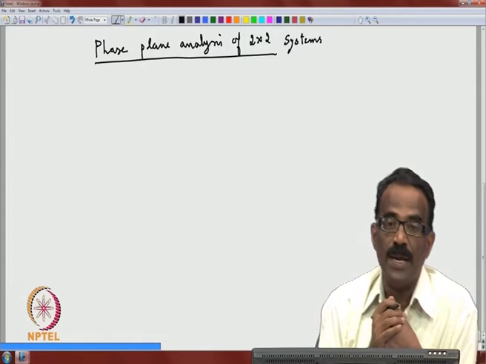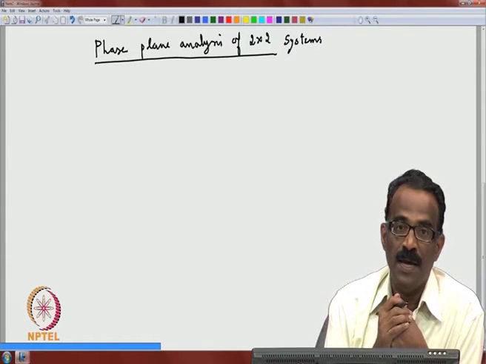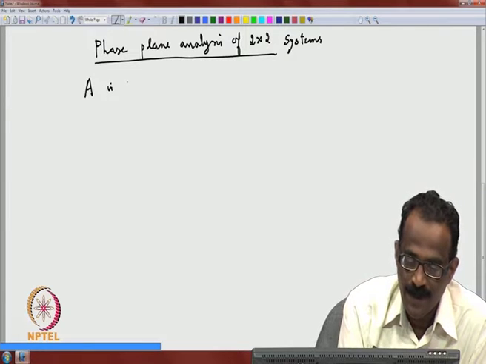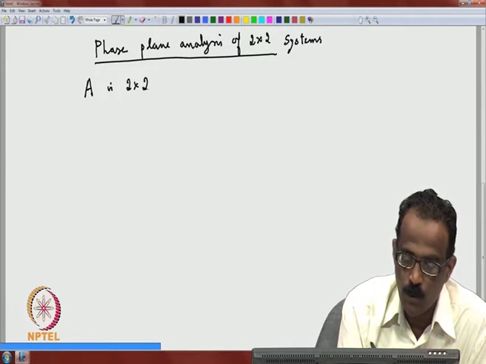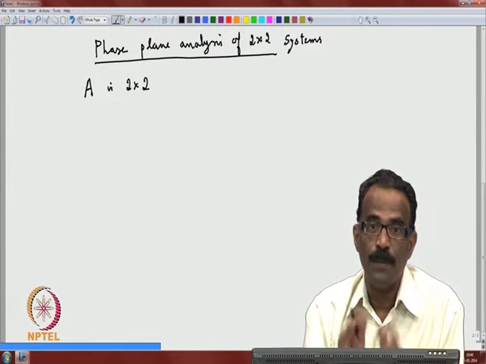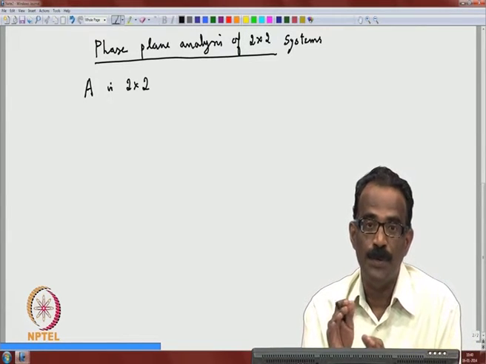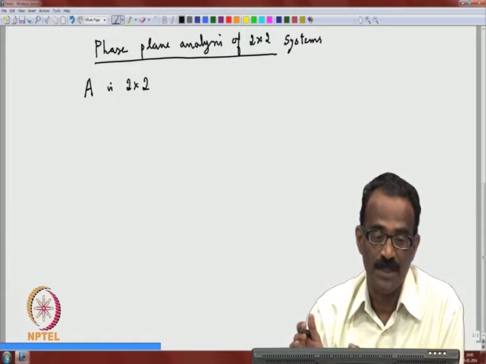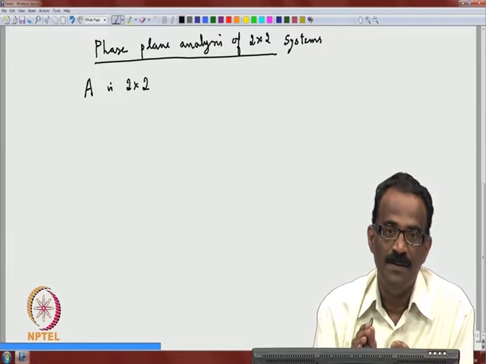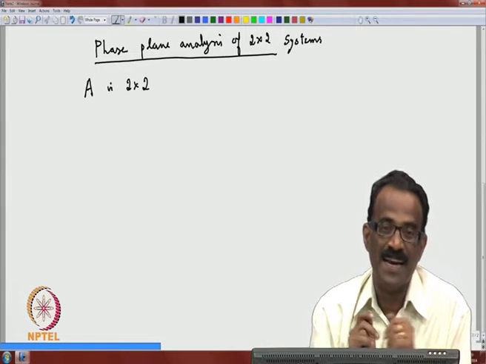So now we want to recall from linear algebra: if A is 2 by 2, we want to know what the possible 2 by 2 linearly equivalent matrices are. Typically this can be classified into 3 different categories.